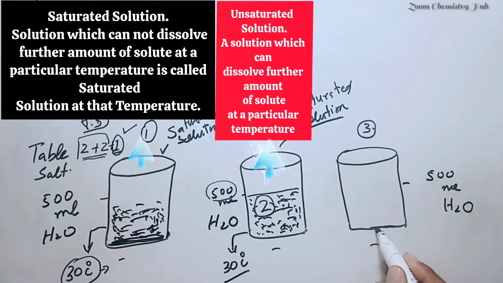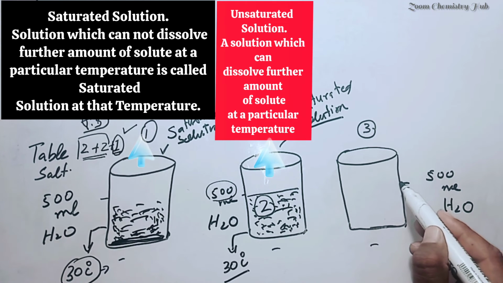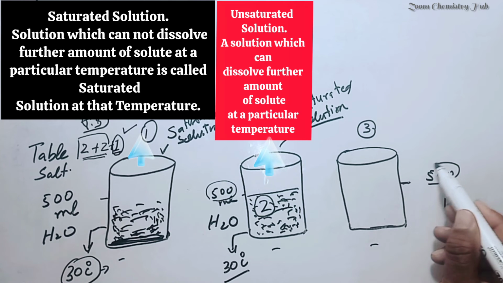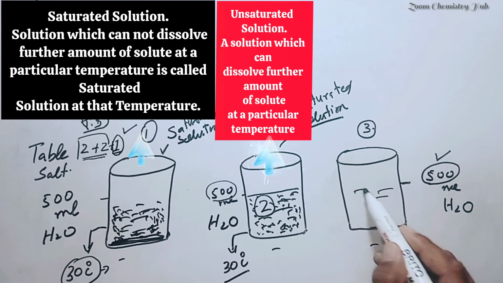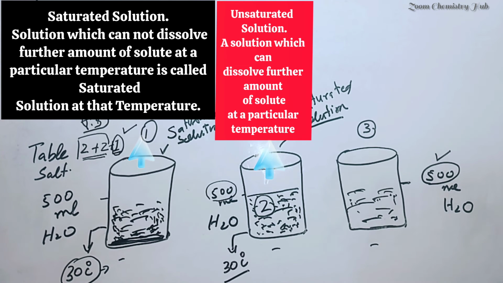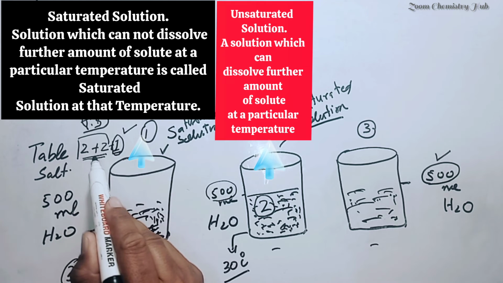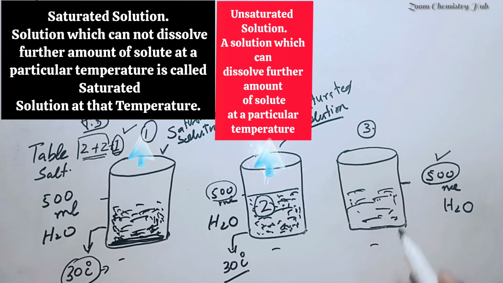Similarly, we know that these three beakers have equal volume of water. Now we add, as we know that in the saturated solution, it can dissolve the maximum amount of solute, that is 4 tablespoons of table salt.